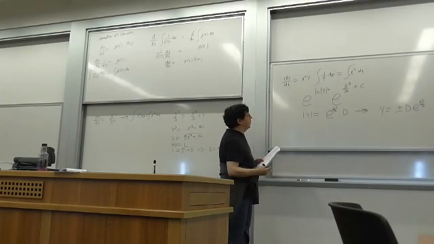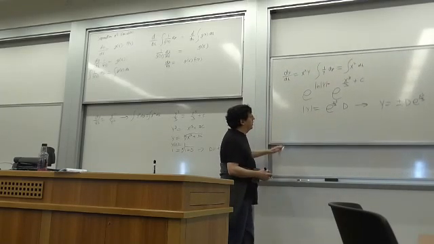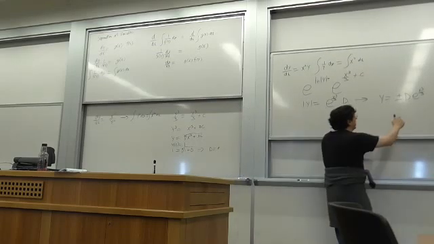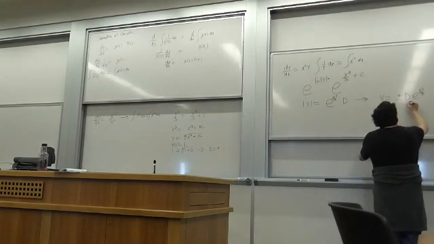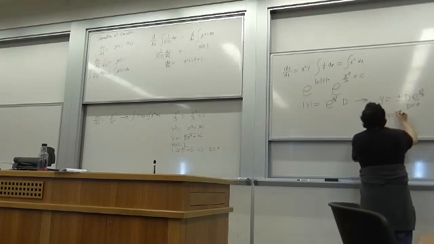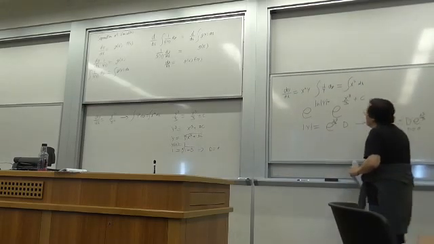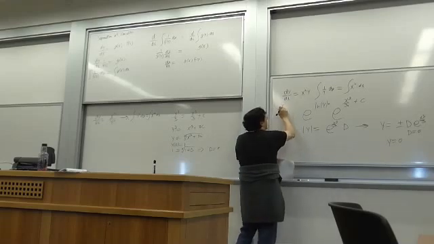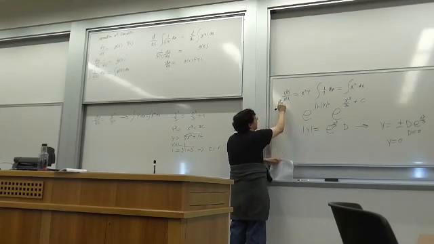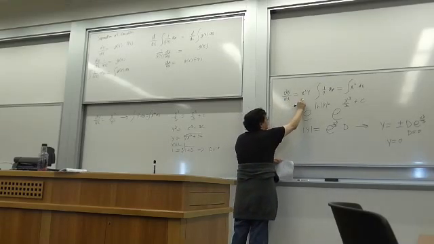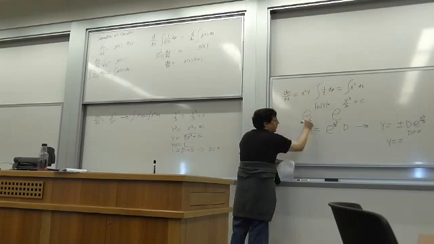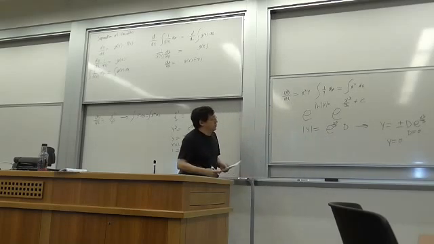I guess what I want to point out is that d could be 0, right? That is, y is equal to 0. And if you plug this back in here, you see the derivative of y is 0, and x squared times 0 is 0. So that would also be a valid solution to this.